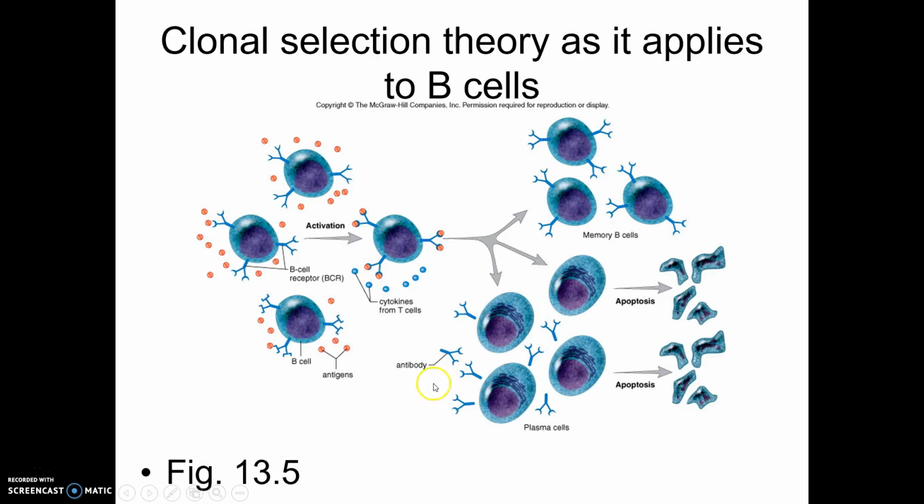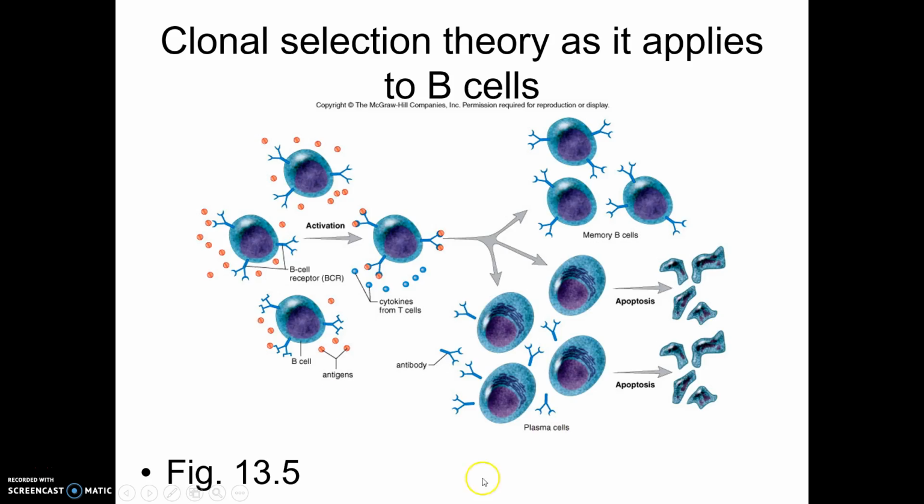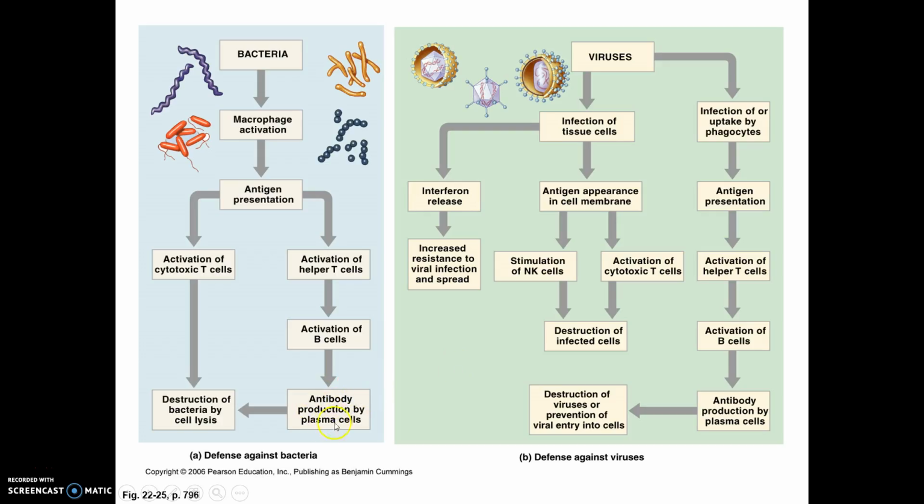So back here, when we said cytokines from T cells helping activate this B cell here, that's what would be going on from here to here. And then the B cells make plasma cells, and the plasma cells release antibodies. So the antibody production by the plasma cells, then they actually attach to this. And when they attach to it, they allow the complement proteins to come attached to it, which help lyse it.